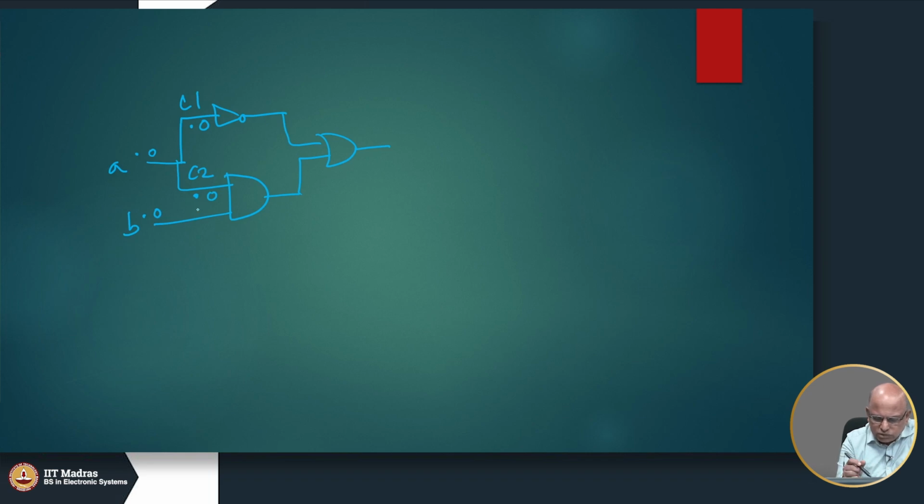And between these two maybe we can go ahead and eliminate one of them because it is an AND gate. So, try to generate a test vector for, let us say, let us start with C1 stuck at 0.